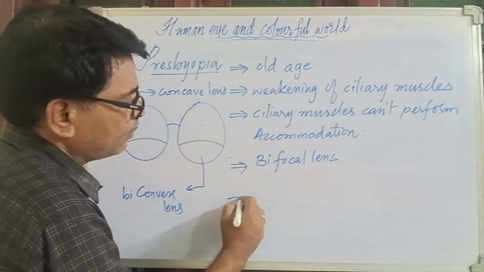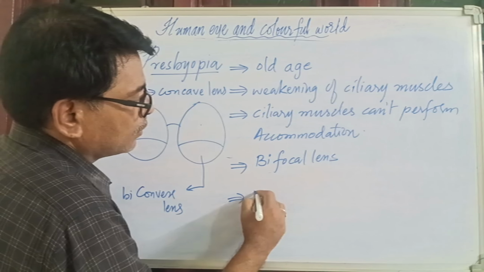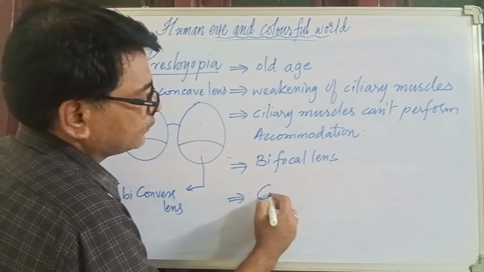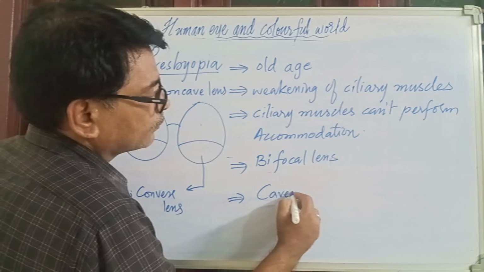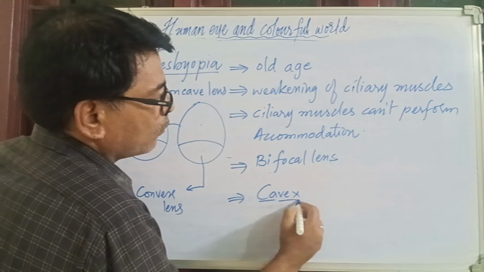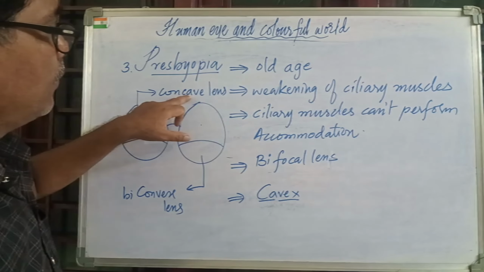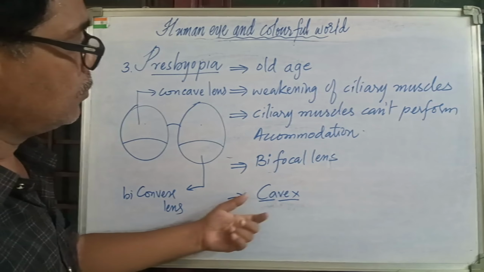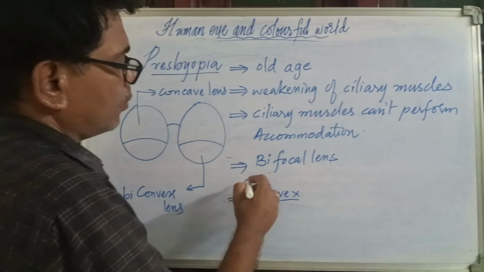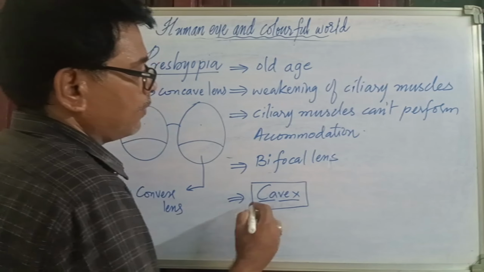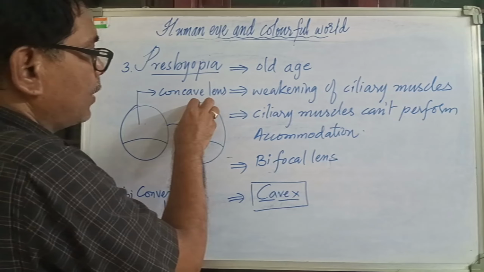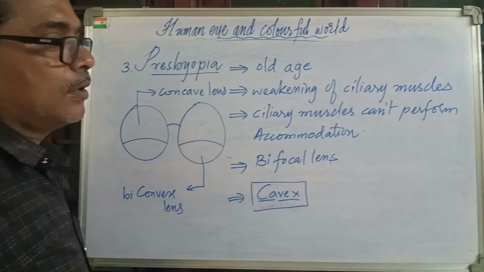So you can even remember it like this: Kvex. It will be easy for the students to remember. This part is cave and this part is vex. Join them together. You can remember it, not to write in the exam, just to remember kvex. The upper part is cave and the lower part is vex.